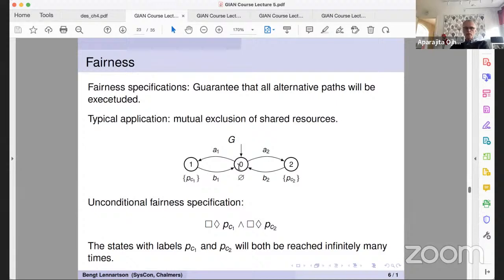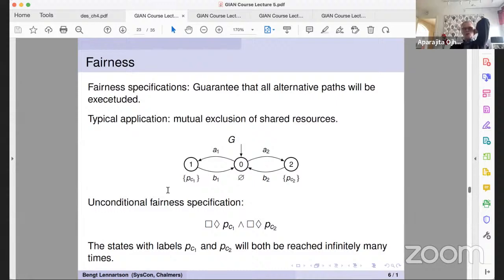I mean, if you have two printers, they should all be used more or less equally, but you don't want to say exactly it should be used every second time or so. But you should at least have a fairness between using. So at least sometimes you should use this A2, this printer in the second state, in state 2.